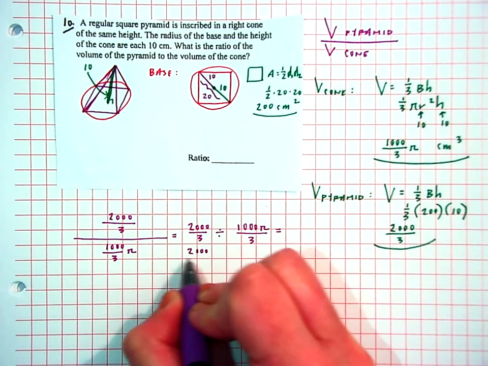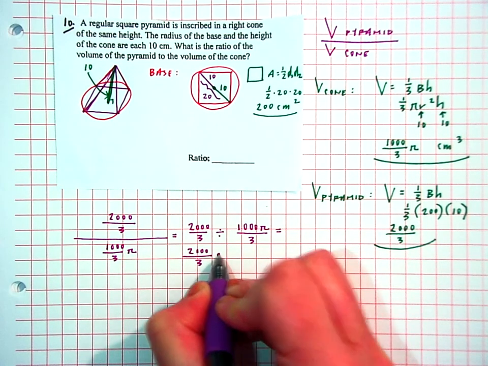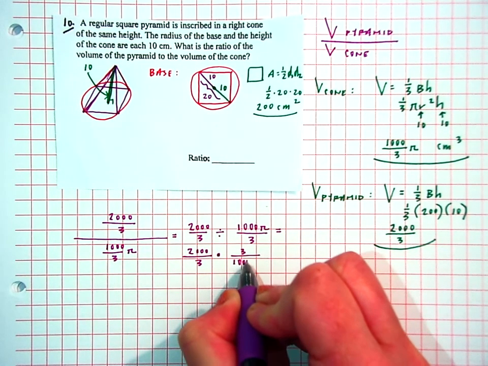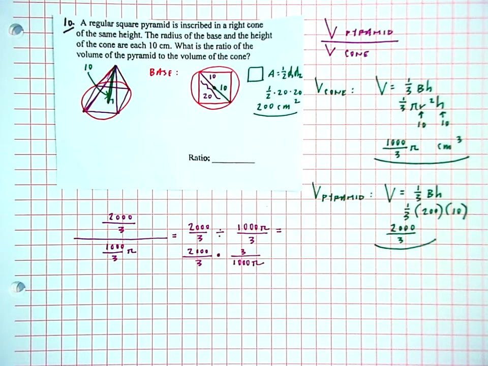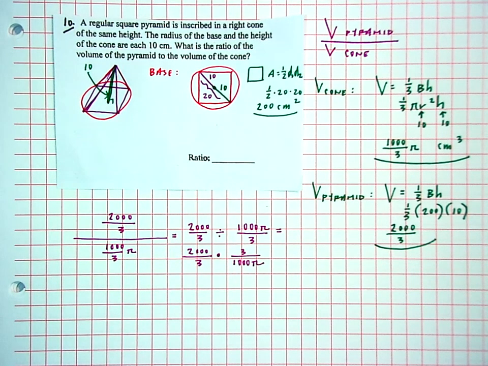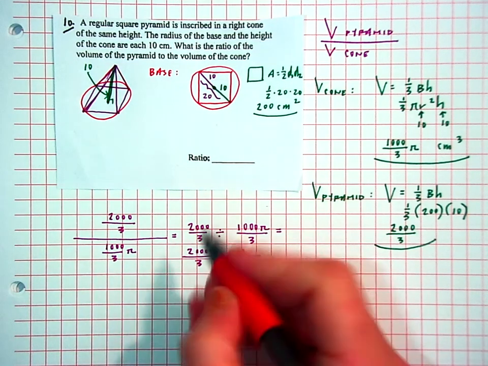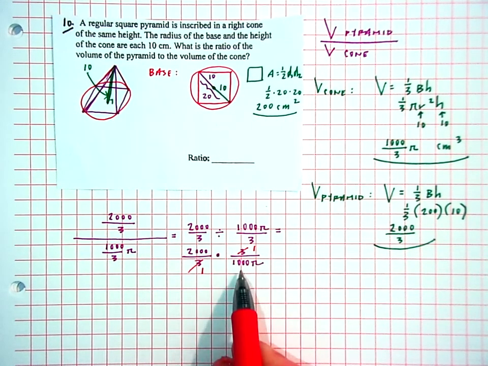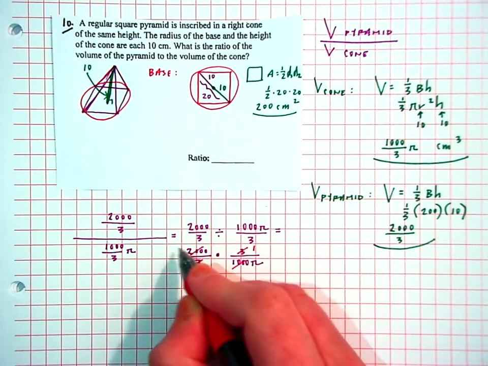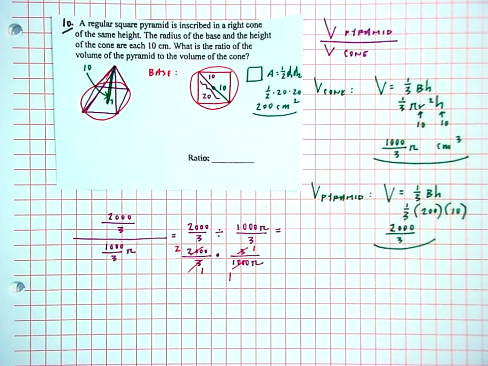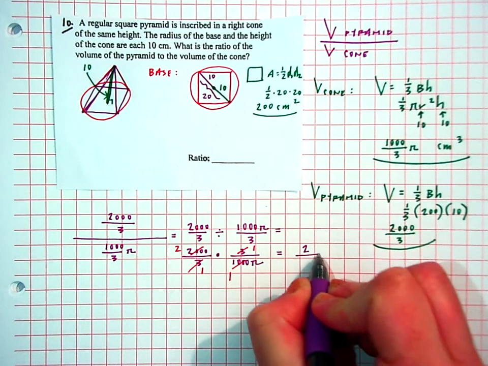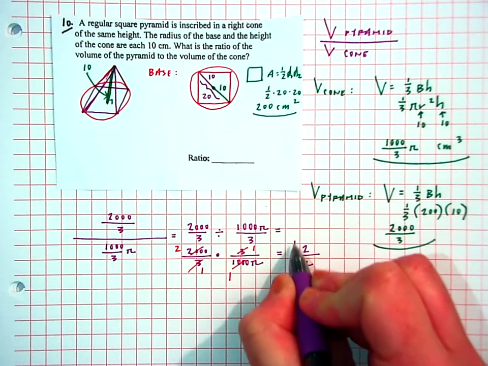So 2,000 thirds times, I'm going to flip this, 3 over 1,000 pi. When I'm multiplying fractions, I can reduce top down or on my diagonals. So the 3 and the 3 go to 1 and 1. The 2,000 and the 1,000 go to 2 and 1. So what I'm going to end up with is 2 over pi.